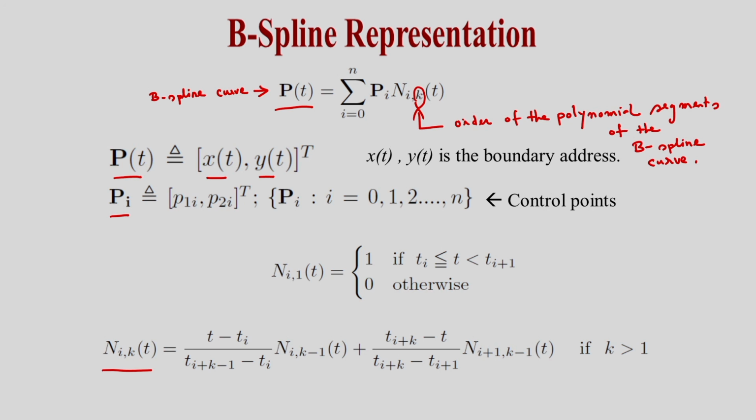The real numbers are T_i, where i equals 0, 1 up to n plus k. This T_i is called a knot sequence.